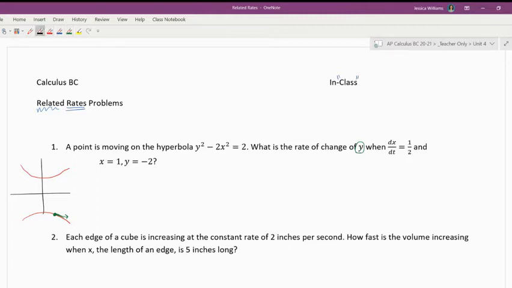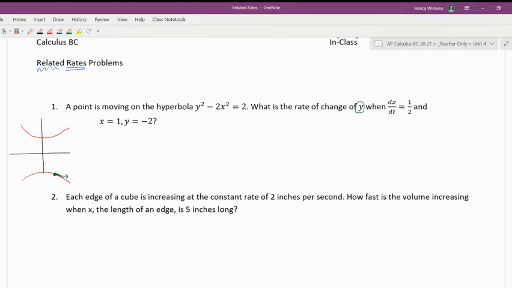Okay, so we have this equation for our hyperbola, y squared minus 2x squared equals 2. And this is going to give you a clue about how to take this derivative. We're going to take the derivative of this equation with respect to t. Well, I guess that's not new, because you've done parametric derivatives, so having d/dt is not new.